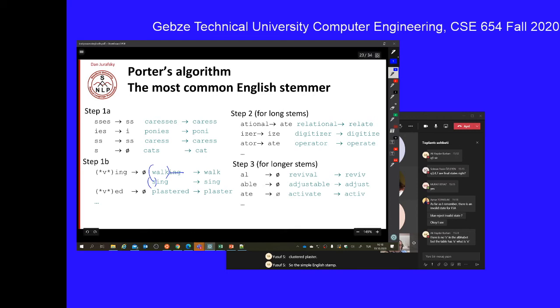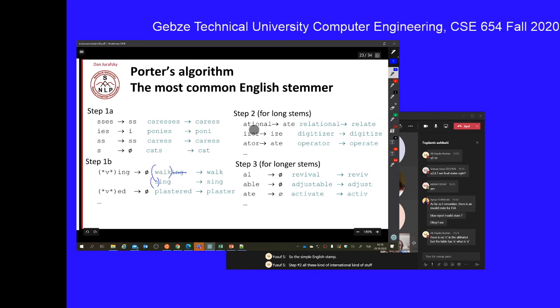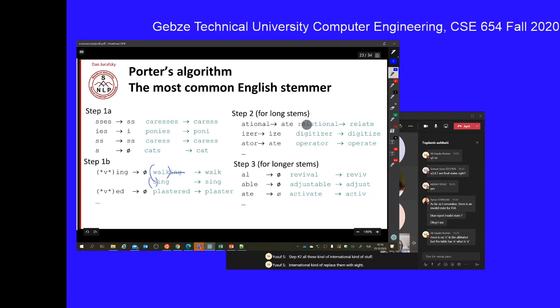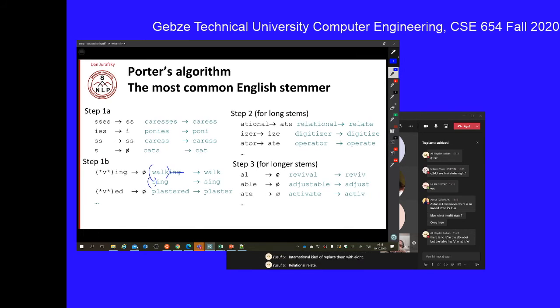Step number 2: all these kinds of "ational" endings are replaced with "ate." "Relational," "relate." "International," "internate," kind of. And "izer" to "ize," "digitizer," "digitize," "ator" to "ate," "operator," "operate."